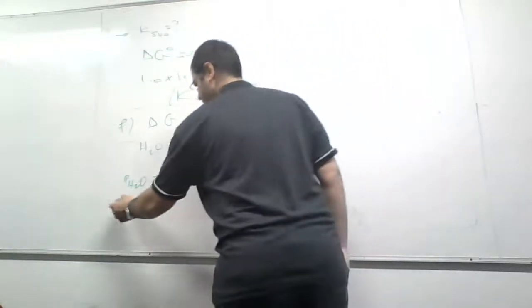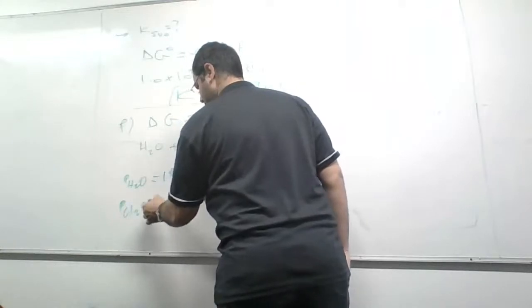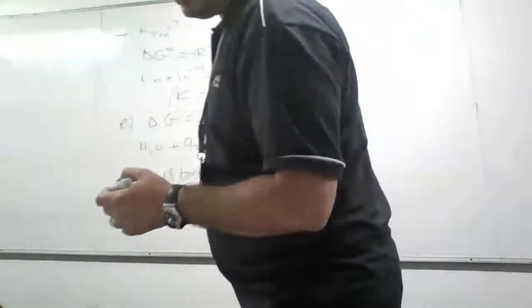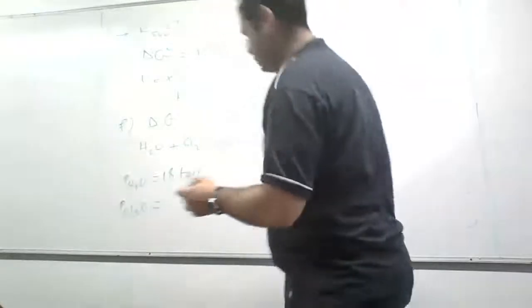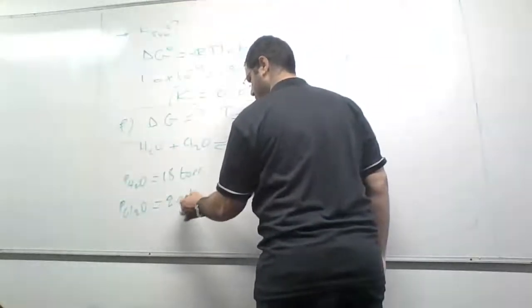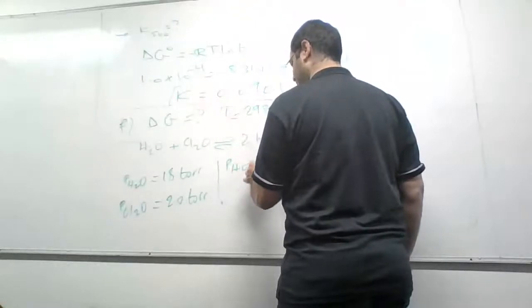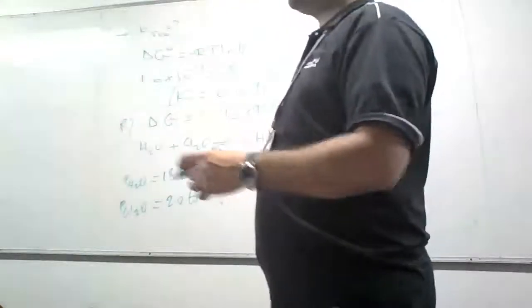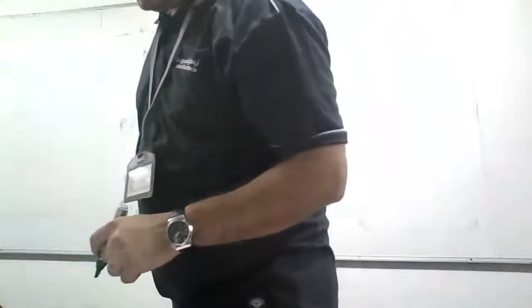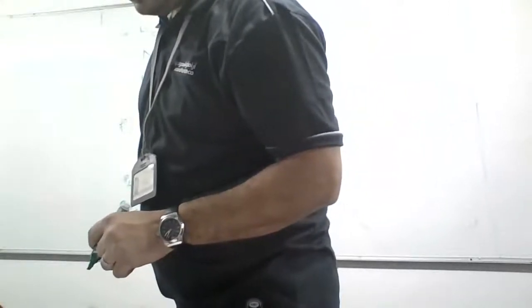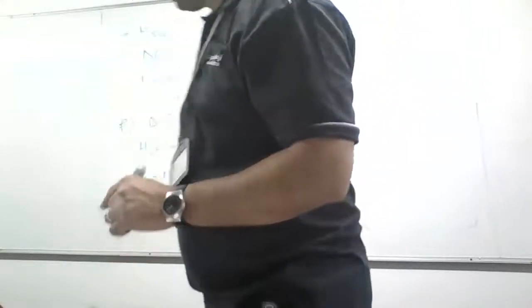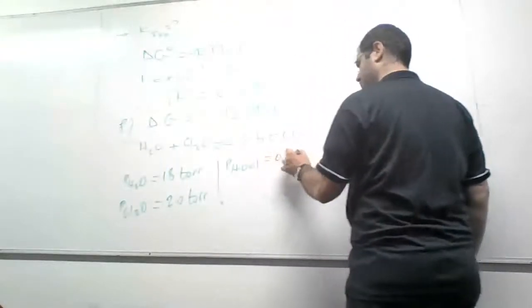The pressure of Cl2O is 2.0 torr. And the pressure of HOCl is how much, guys? The pressure of HOCl is 0.102.